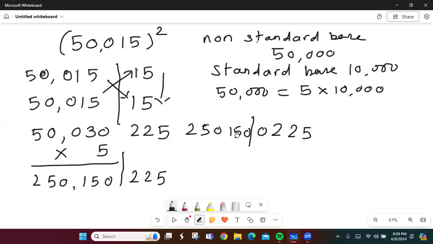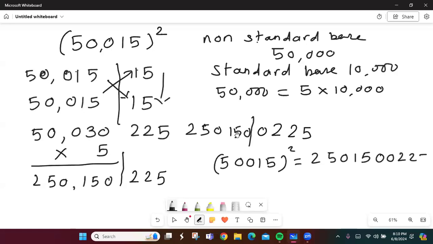And hence, we'll get the square of 50,015 as 2,501,500,225.